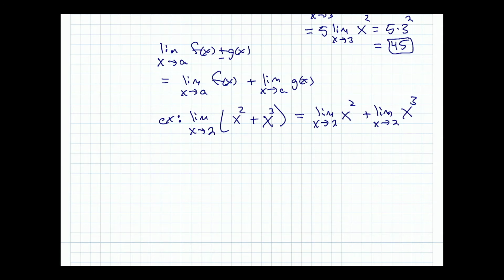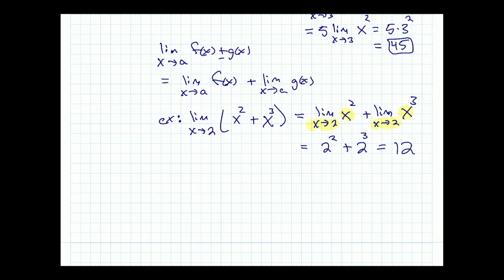Like that. So you could write it as two separate limits, and then each of the limits you evaluate separately. So you plug the 2 into the x, and then you separately plug the x equals 2 into that x. And so you're going to get 2 to the 2 plus 2 to the 3, which is 4 plus 8, which is 12.